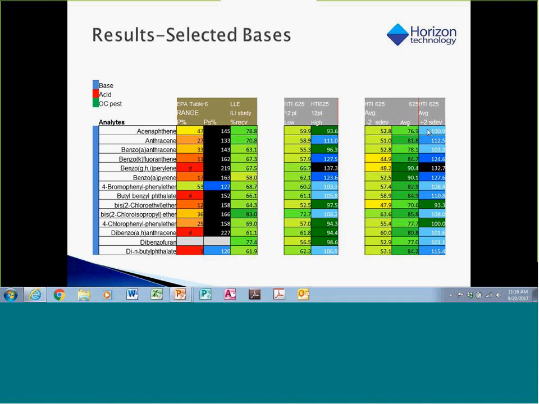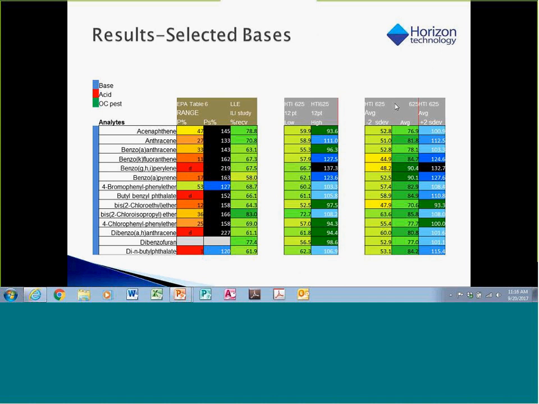And the third set of data, in the center, the average of those 12 data points, and then plus or minus 2 standard deviations. We wanted to see how tight that data was. Over the course of a variety of laboratories, you would expect the spread to be pretty large, but in fact, it's pretty decent compared to the EPA Table 6 in terms of what is allowed.